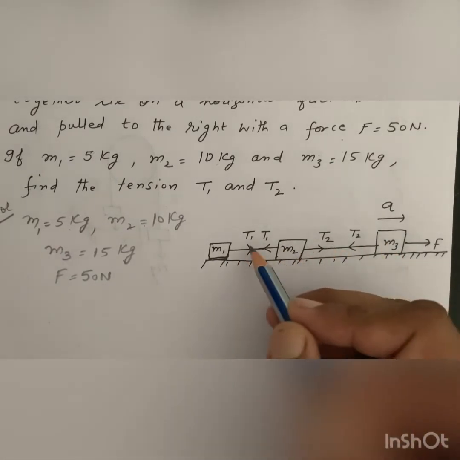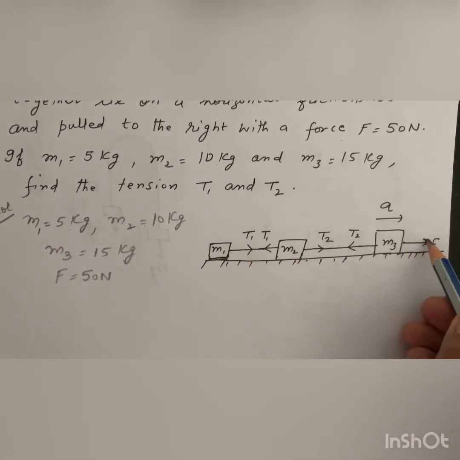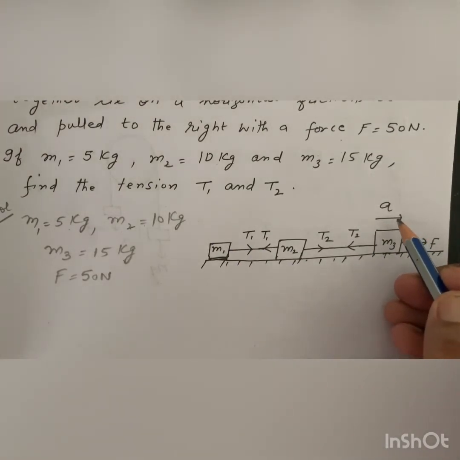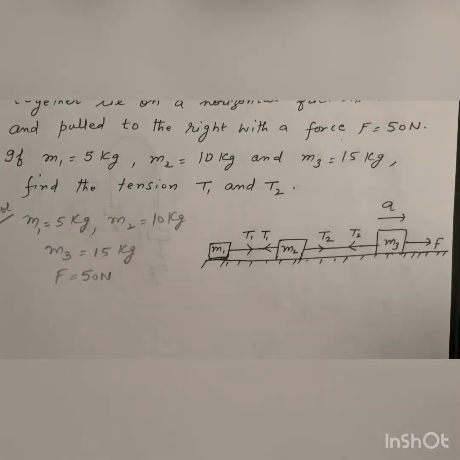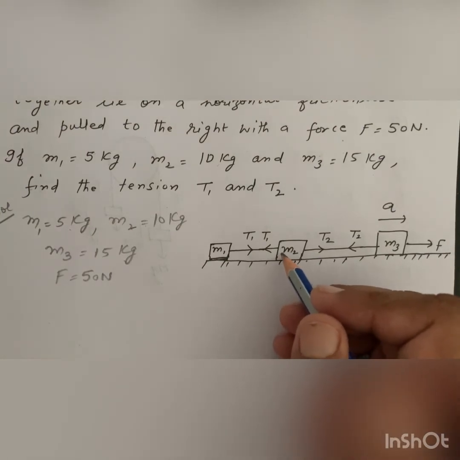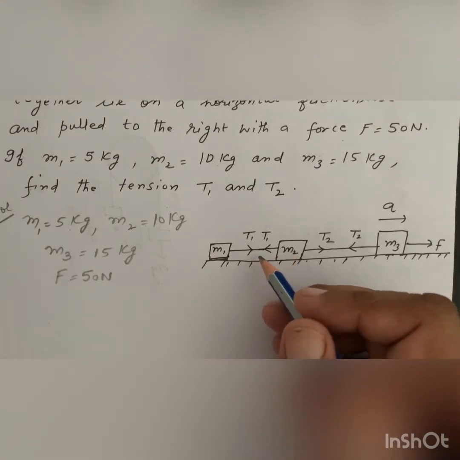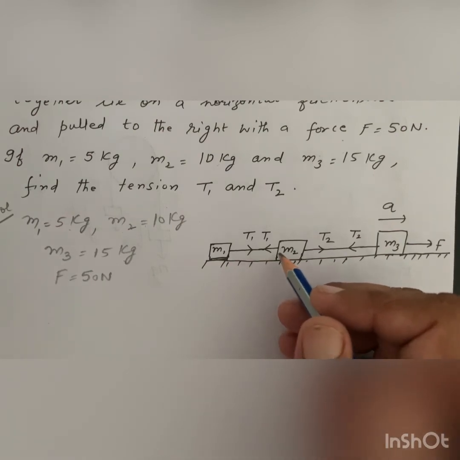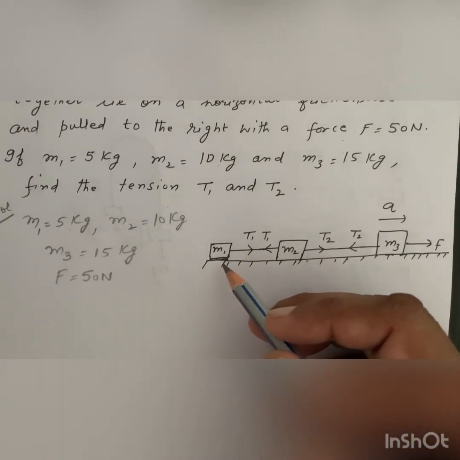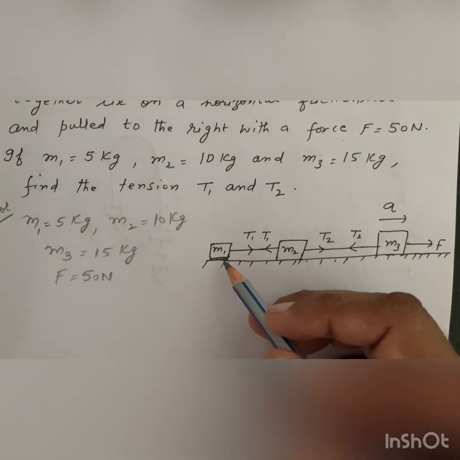The masses are connected by a rope, and this force is acting in this direction, and the acceleration is also in this direction. We will use the free body diagram. What is the meaning of a free body diagram? When a number of bodies are connected together by a string or rod, it is convenient to draw a free body diagram for each body separately, showing all the forces acting on it.